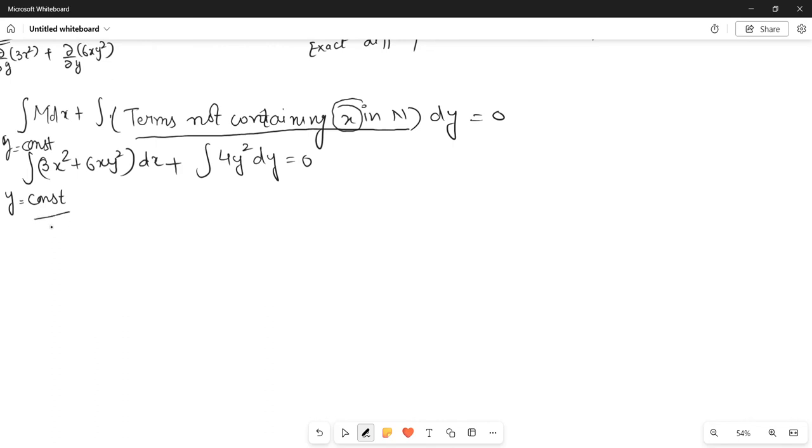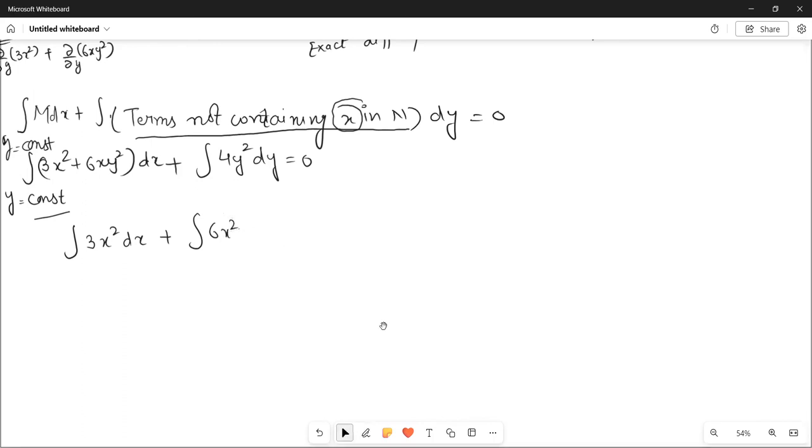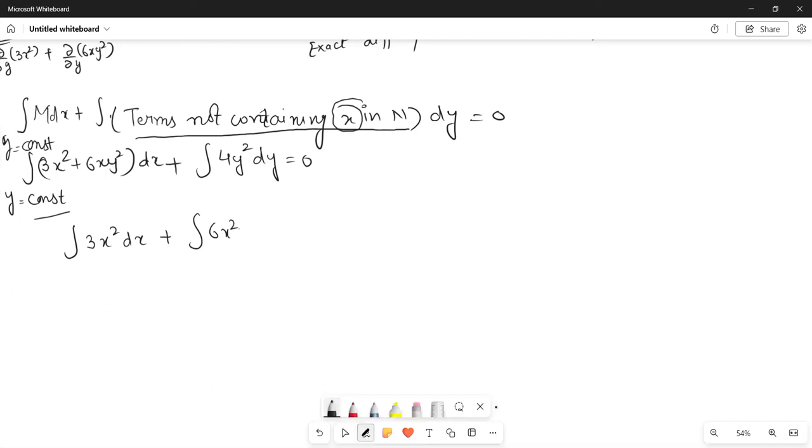Here y is treated as a constant, so we will integrate term by term: the integration of 3x squared dx plus the integration of 6xy squared dx. Here y is treated as a constant both times. Then plus the integration of 4y squared dy, which equals c.